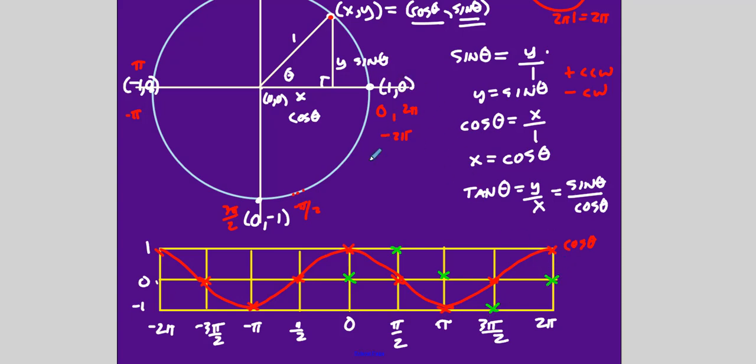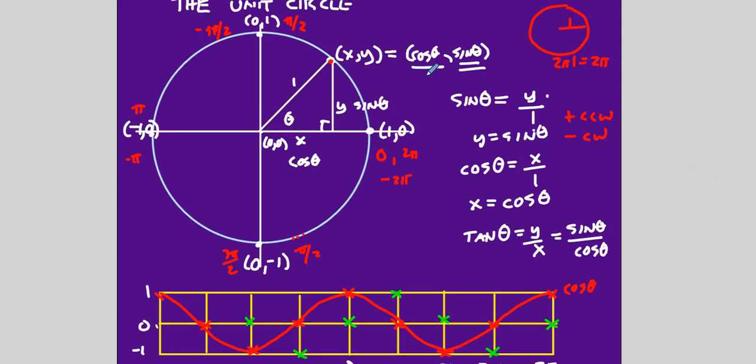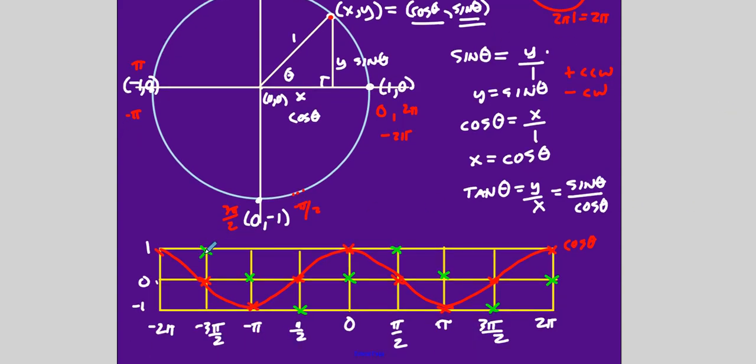Then we could do negative rotation. Sine of negative pi over 2 is -1. Sine of negative pi is 0. Sine of negative 3 pi over 2 is 1. And now we're back to the beginning, sine of negative 2 pi is 0. So sine looks like this.